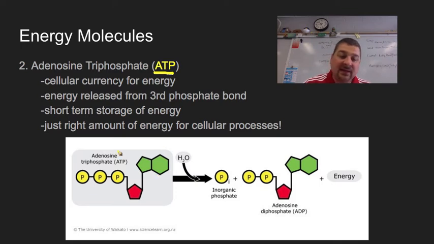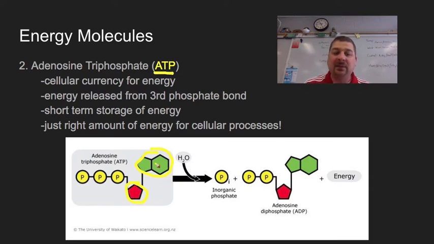The actual molecule of ATP is adenosine. The top part up here is a nitrogenous base called adenine. The red pentagon here is a 5-carbon sugar called ribose. So you have adenine and ribose: adenine, ribose, adenosine.